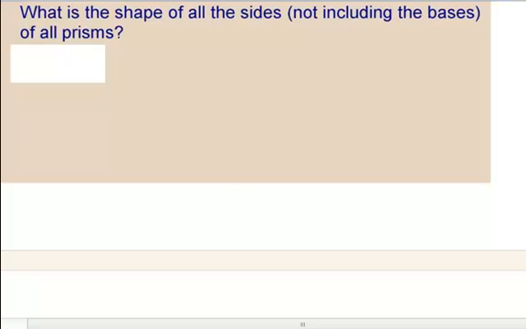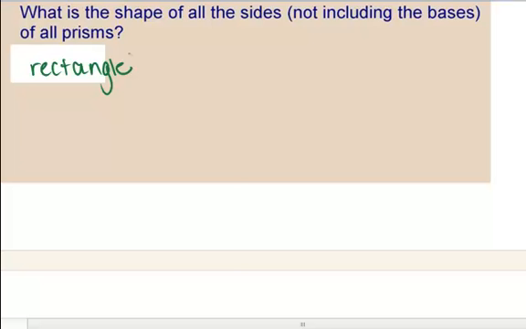What is the shape of all sides, not including the bases, of all prisms? So the sides that are not bases always have the shape of what? A rectangle. And how many rectangles will you have? How do you know? How can you look at your shape and tell how many rectangles will be there?